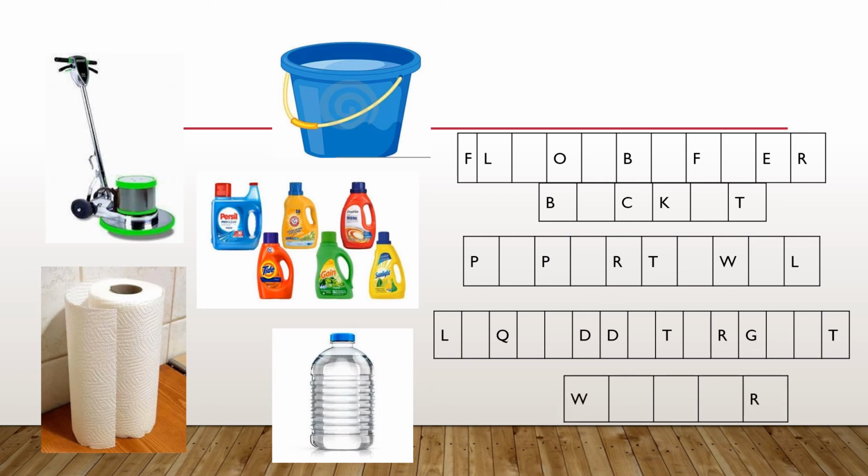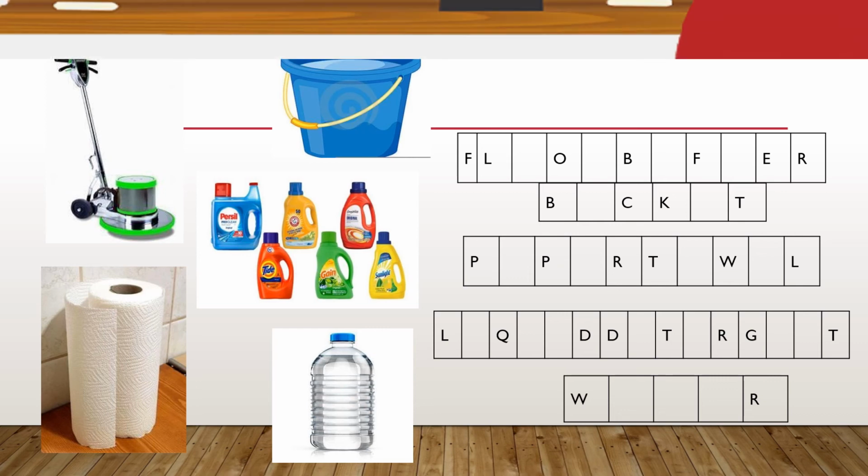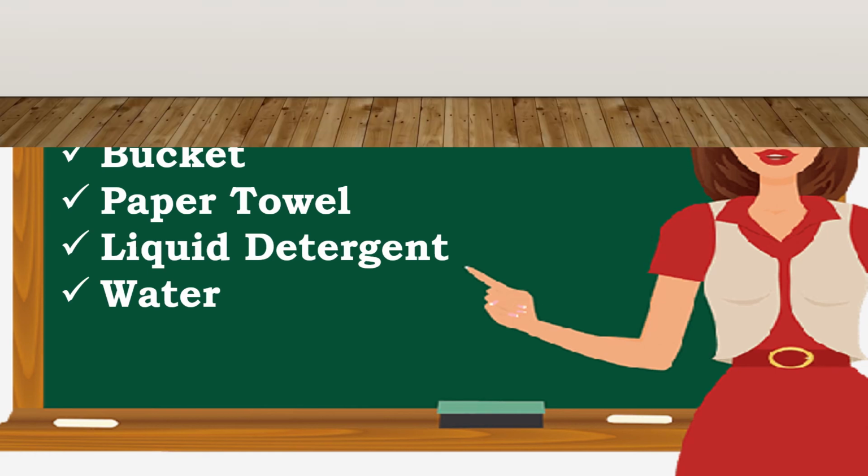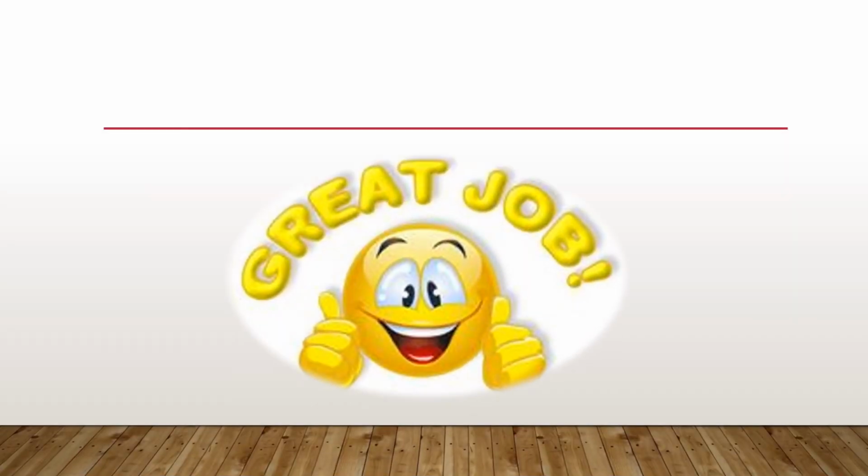I will give you 5 seconds to think. 1, 2, 3, 4, 5. Let's check if your answers are correct. Number 1, we have floor buffer, bucket, paper towel, liquid detergent, and water. Very good. Great job!